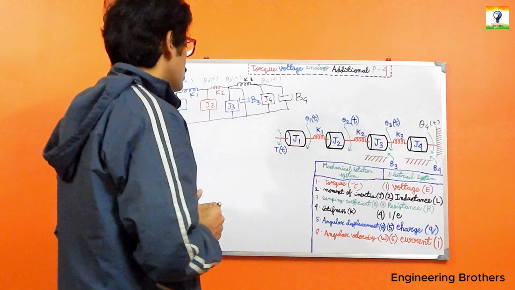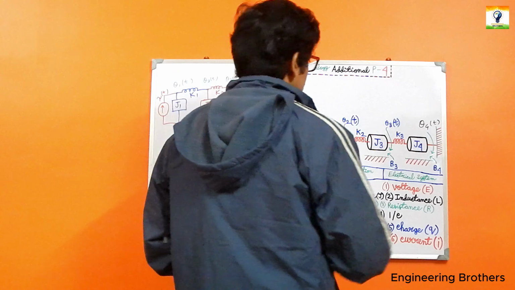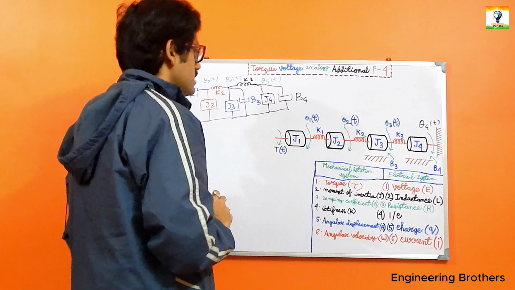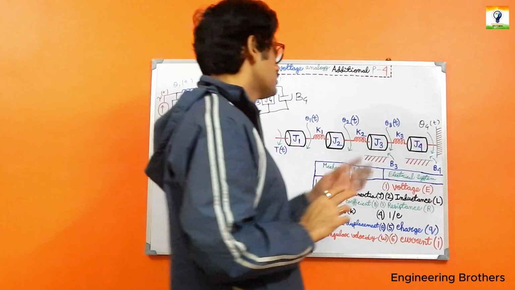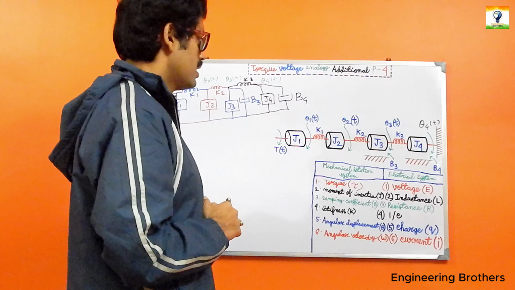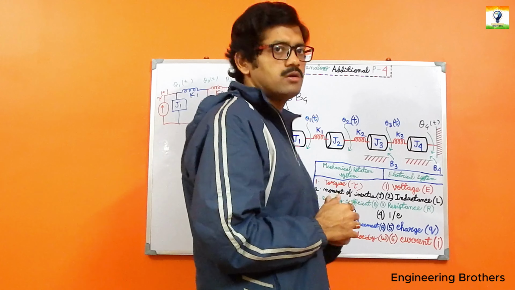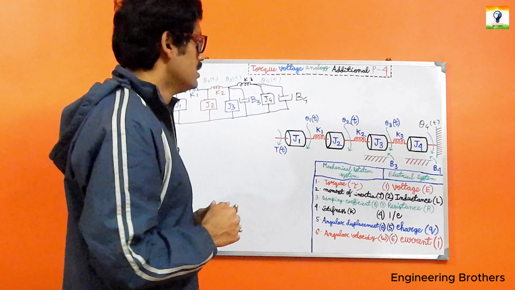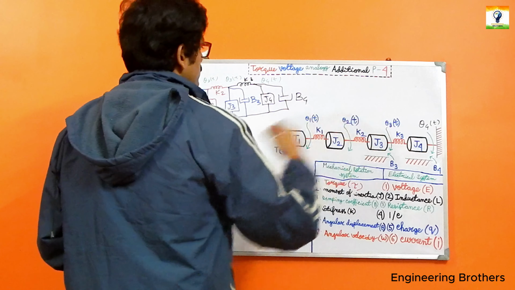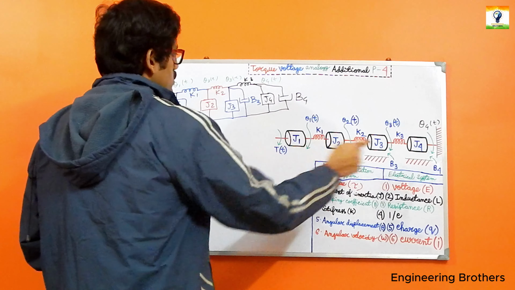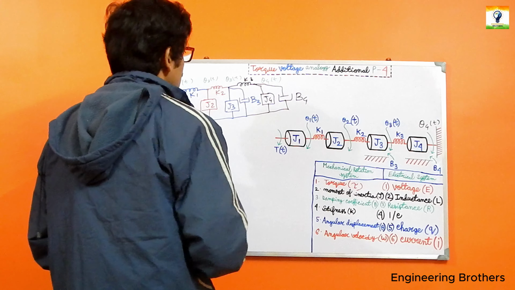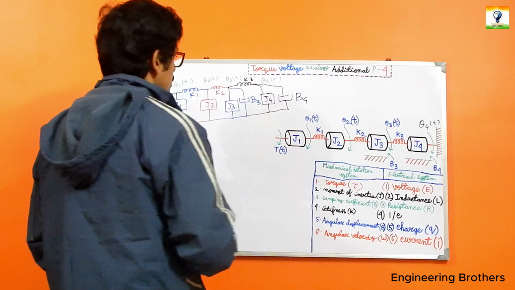So let us move on towards our theta 3(t) point. With theta 3(t), the J3 has been directly associated. I have included that J3, and the rotational frictional coefficient B3 that is present in between this surface and this rotating body J3. I have connected that B3 element with our theta 3(t).